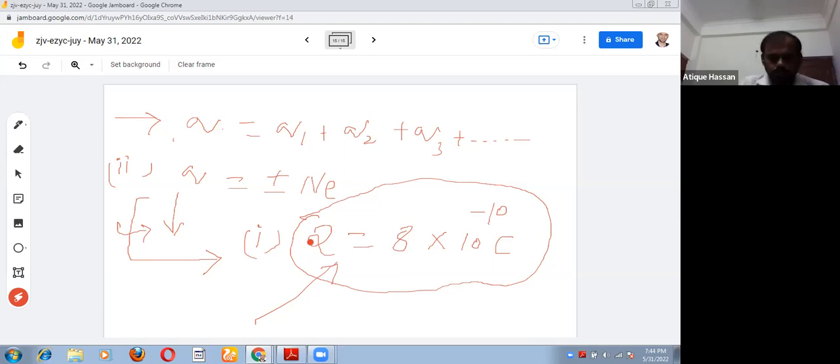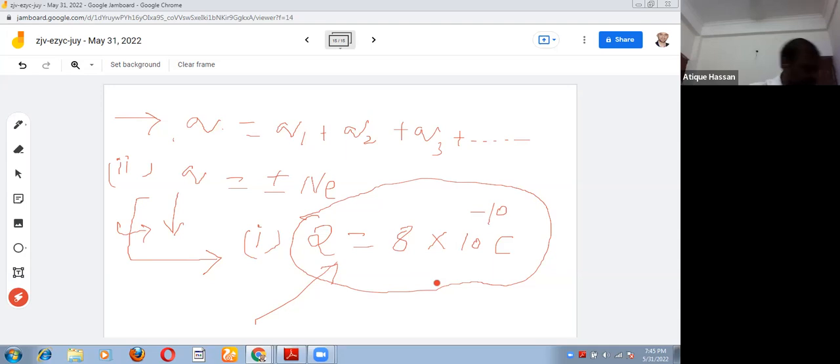Suppose the charge on an object is Q equal to 8 into 10 to the power minus 10 coulomb.